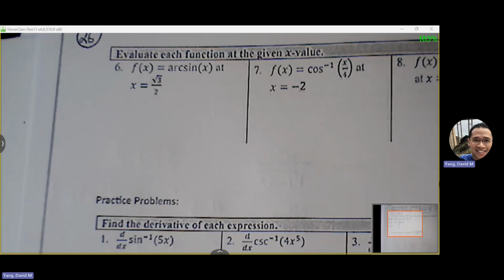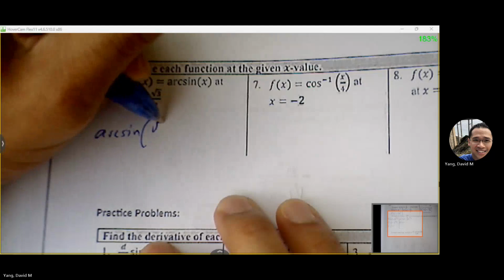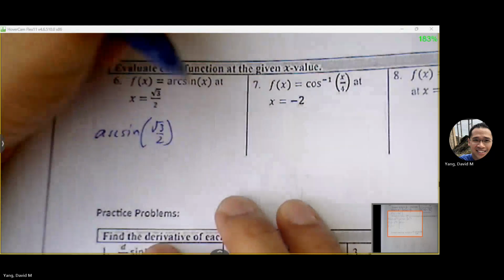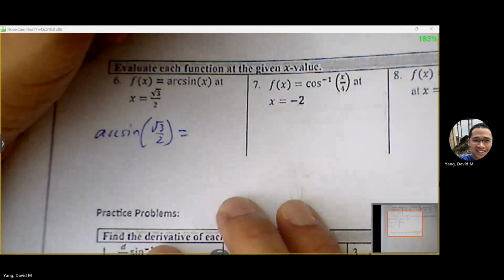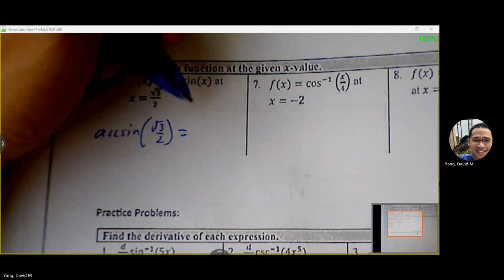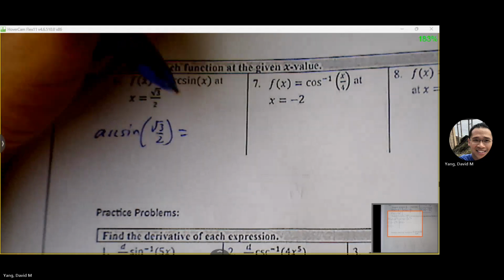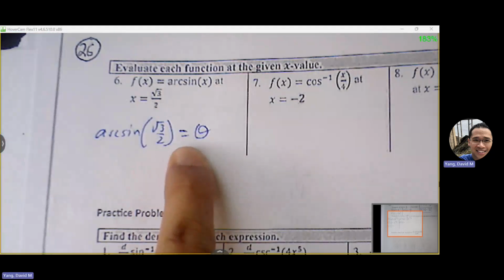Arcsine of root 3 over 2. So this is really a representation of theta.